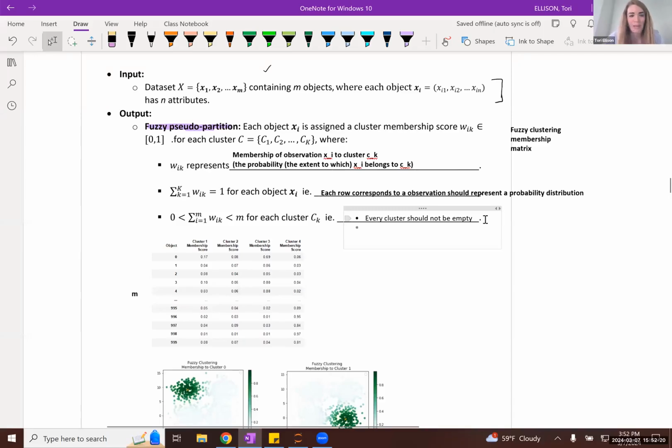That would make these other clusters useless, because they would have all zeros. So we want to use every single one of our clusters to at least some extent. Every observation cannot be assigned to just one cluster completely. That's what that means.